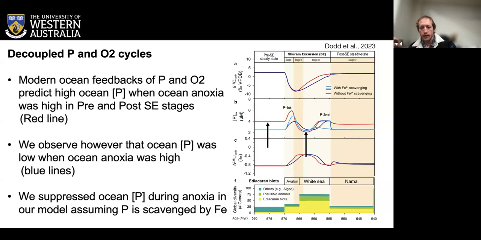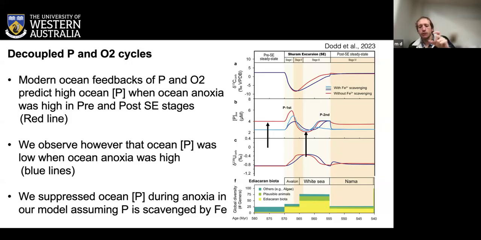The light blue line is what happens when we don't have redox-dependent phosphorus burial. Okay, so we see that the marine phosphorus level is the same when ocean anoxia is high and when ocean anoxia is low. Okay, but the red line, this is your typical modern ocean redox-dependent P behavior.